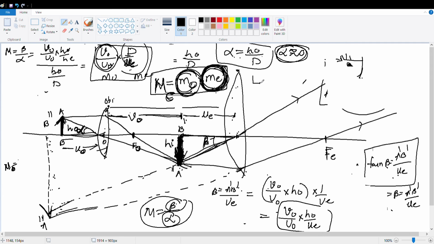So the length of the compound microscope is nothing but VO plus UE. Why? Because from here to here it is VO, from here to here is UE. So the total distance from this lens till this lens is VO plus UE, the length of the compound microscope.